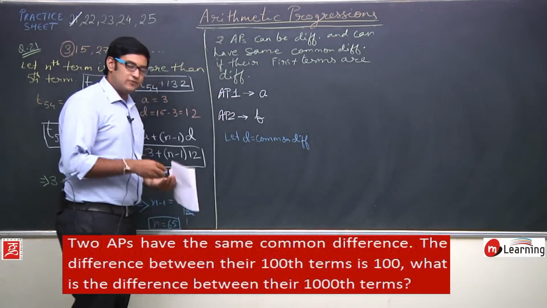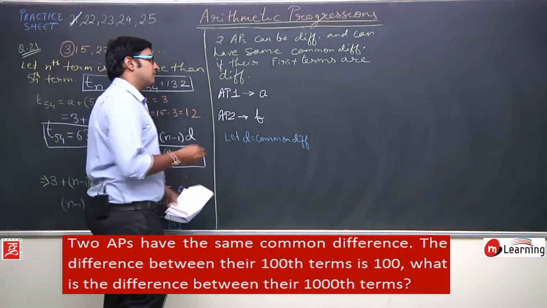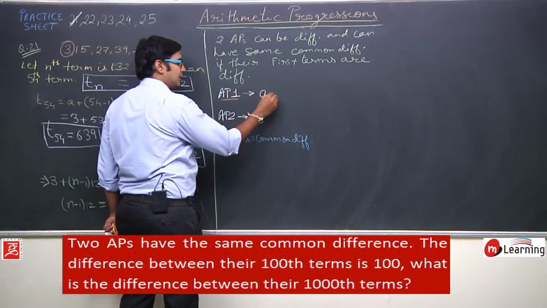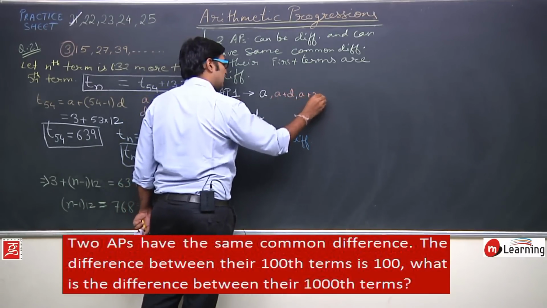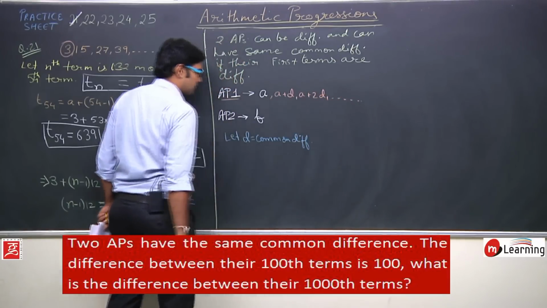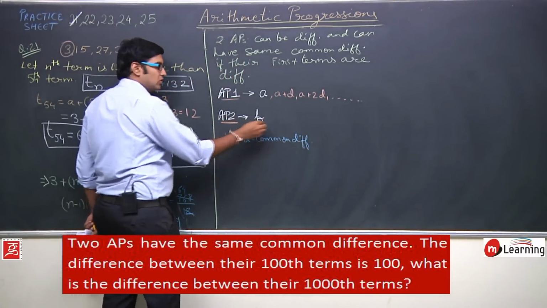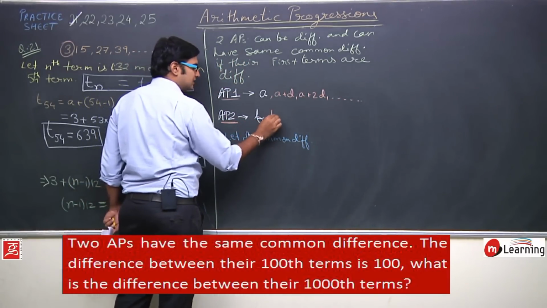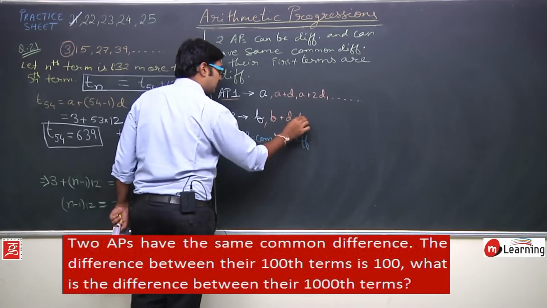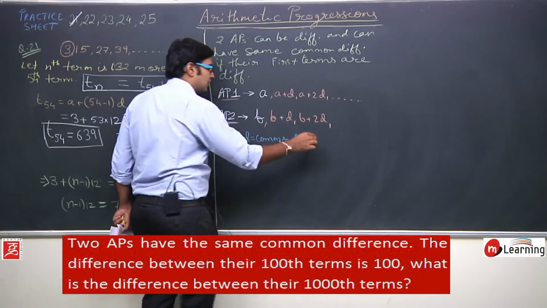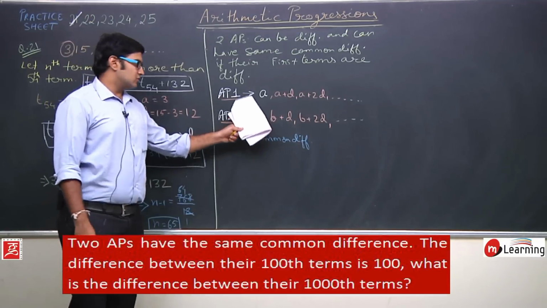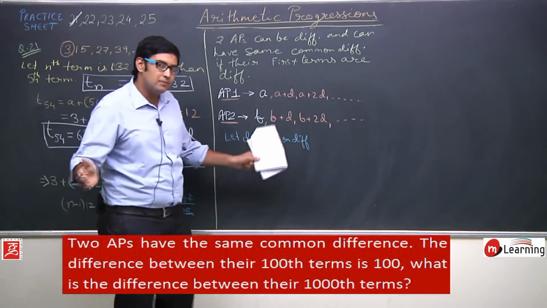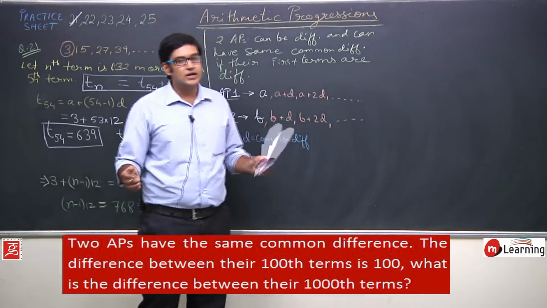The first term of AP1 is A, the second term will be A plus D, the third term will be A plus 2D, and so on. For AP2, the second term will be B plus D, the third term will be B plus 2D, and so on. It will go till infinity. So these two APs are different, but they have the same common difference.